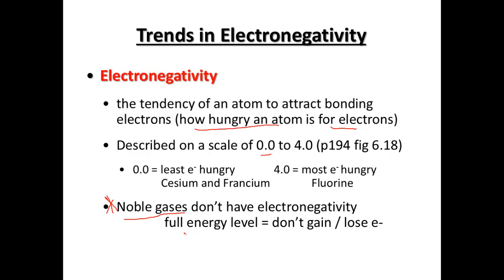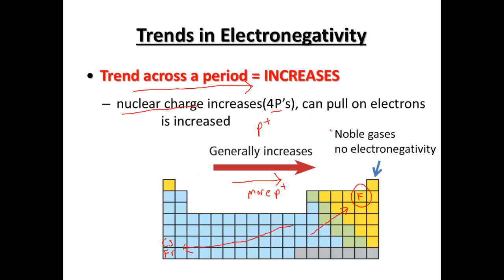The reason why is they already have a full energy level. They don't want to gain or lose electrons. They're fine just the way they are. So for that noble gas category, add this in: they don't want electrons, so they have no electronegativity.